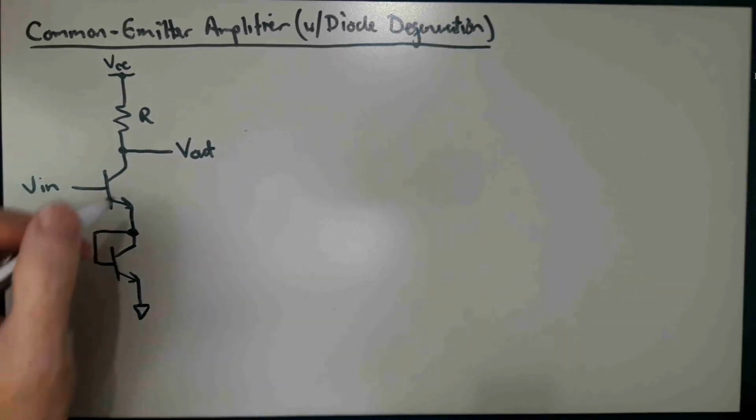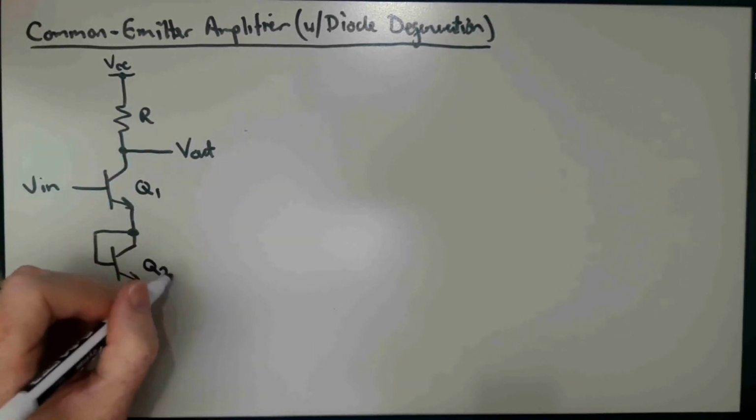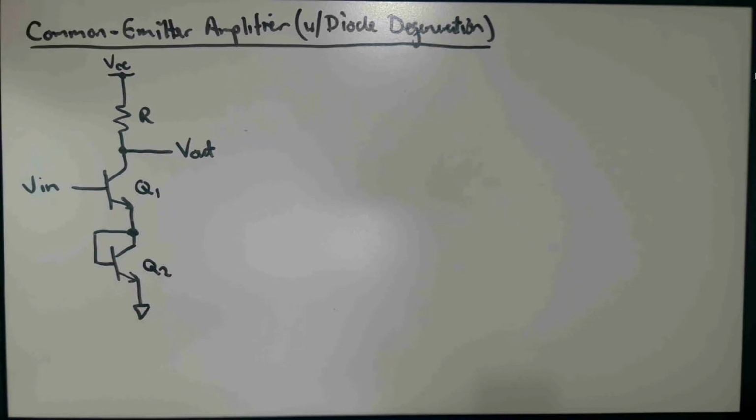Okay, so we're going to call these two transistors here Q1 and Q2, and we're going to assume our typical zeroth order assumptions. We're going to assume that the transistors are matched and that they are operating at the same temperature. We are going to assume for the time being that the early effect is negligible, and that the base current is finite.